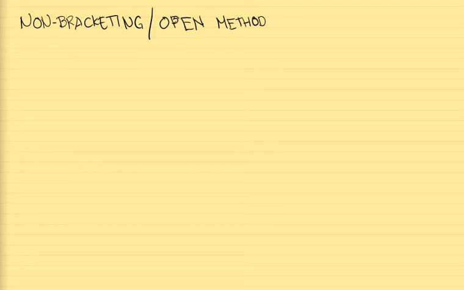In contrast, the open methods or the non-bracketing methods are different because we don't start with an interval. We only start with a single starting value, sometimes two starting values, but not necessarily bracketing the root.